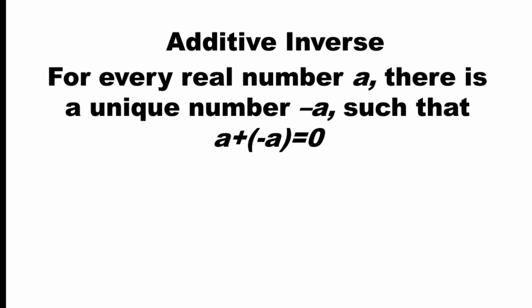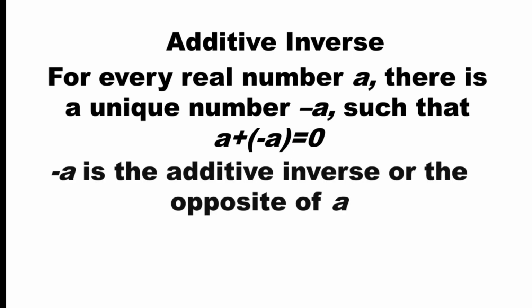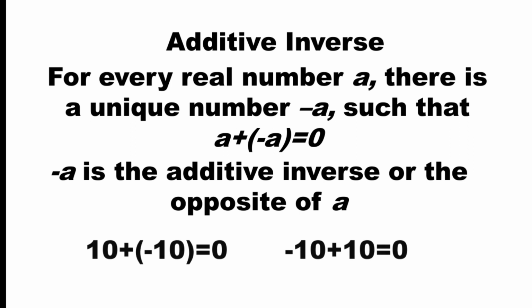So a is the additive inverse, or the opposite, of negative a, and negative a is the additive inverse, or the opposite, of a. So we have here 10 plus negative 10 is equal to 0, and negative 10 plus positive 10 is equal to 0. That's the additive inverse. When added, it makes the sum 0.